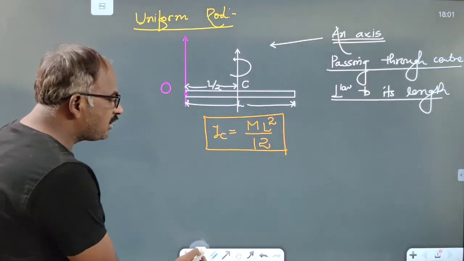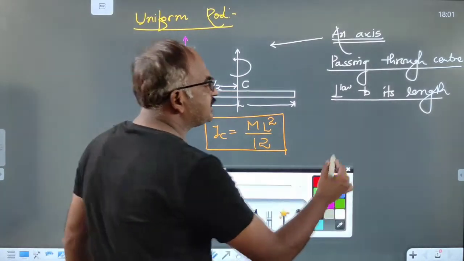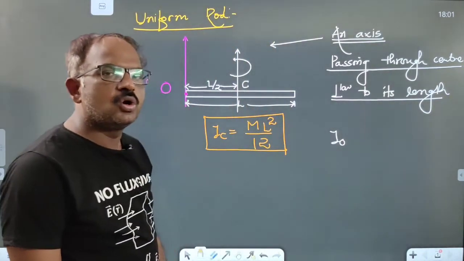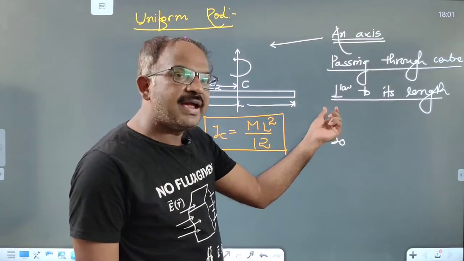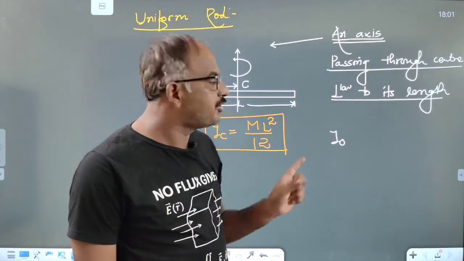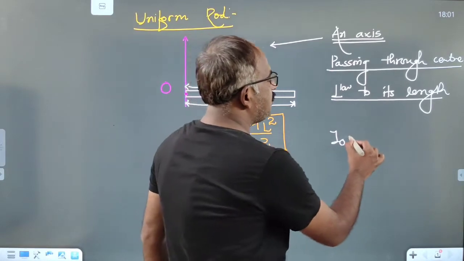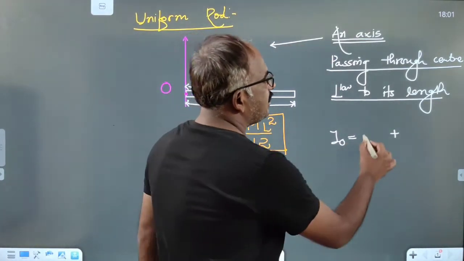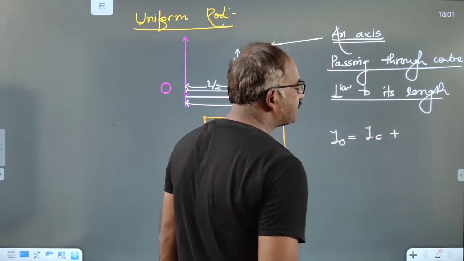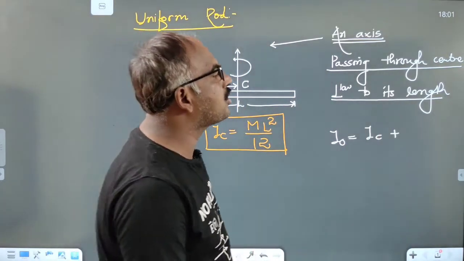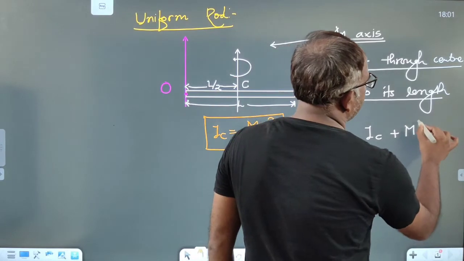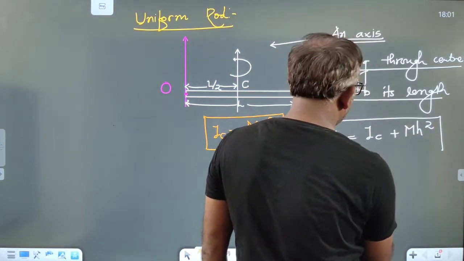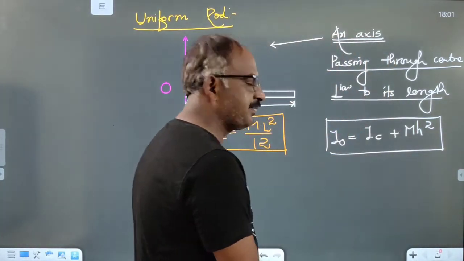According to the theorem on parallel axis, the moment of inertia of a rigid body rotating about an axis passing through any point, denoted by Io, is equal to the sum of its moment of inertia about the center of mass and the product of the mass of the body and the square of the distance between them. So Io is equal to Ic plus mh square.